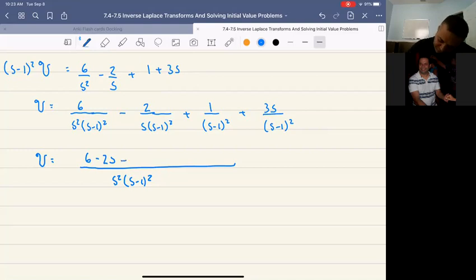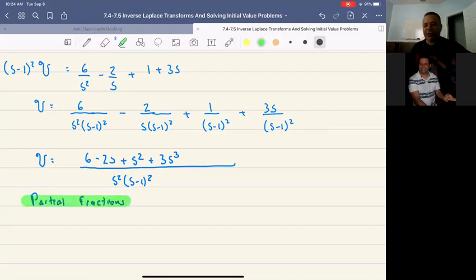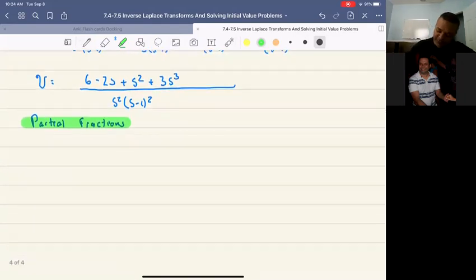So that's going to be plus s squared. What's missing here? S squared again. Plus 3s cubed. I'm just going to make sure that it agrees with what I got yesterday. It does. Now I'm going to do the partial fraction decomposition. It looks bad, but it's not really that bad. So let me write this.